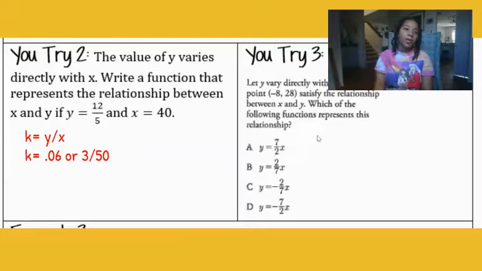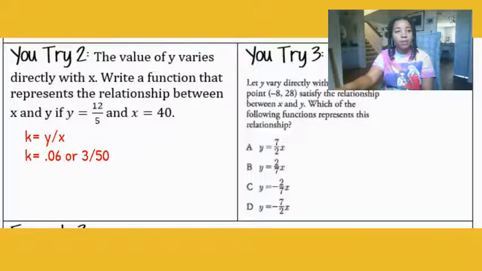Okay, so let y vary directly with x, and let the points -8 and 28 satisfy the relationship. So remember, x always comes before y. It's same as in the alphabet. And it's already telling us this is direct variation. So we know that these vary directly. So we're going to do 28 divided by -8. And guess what?